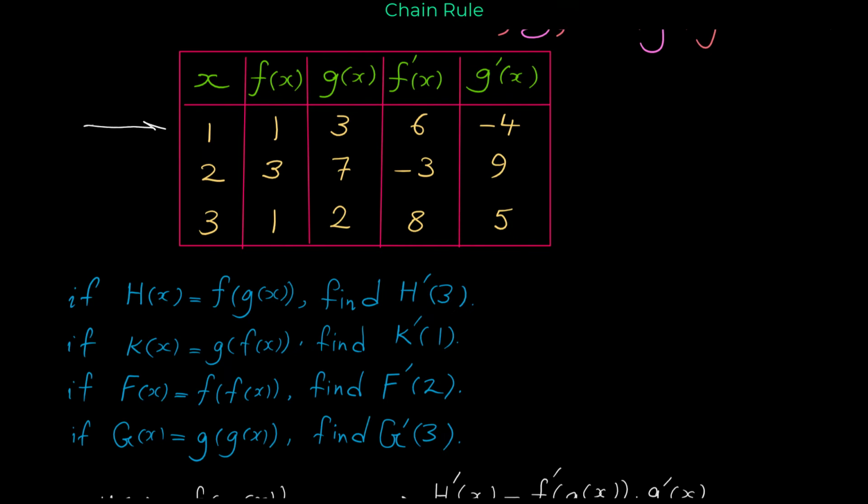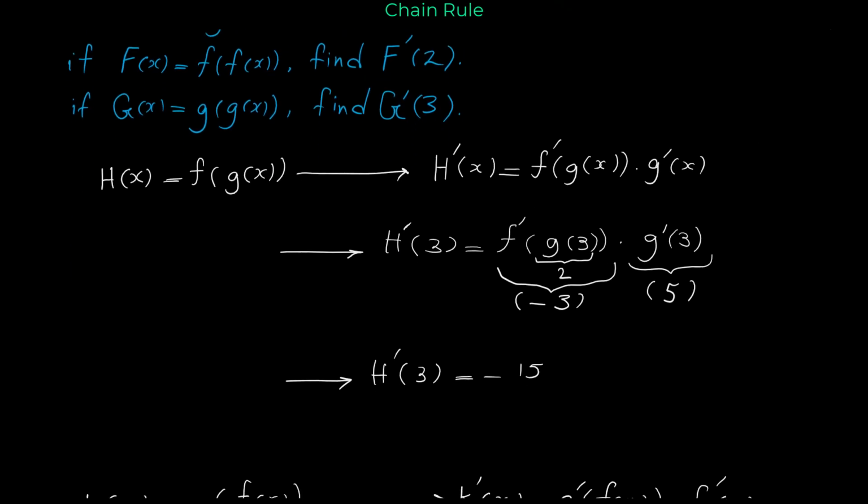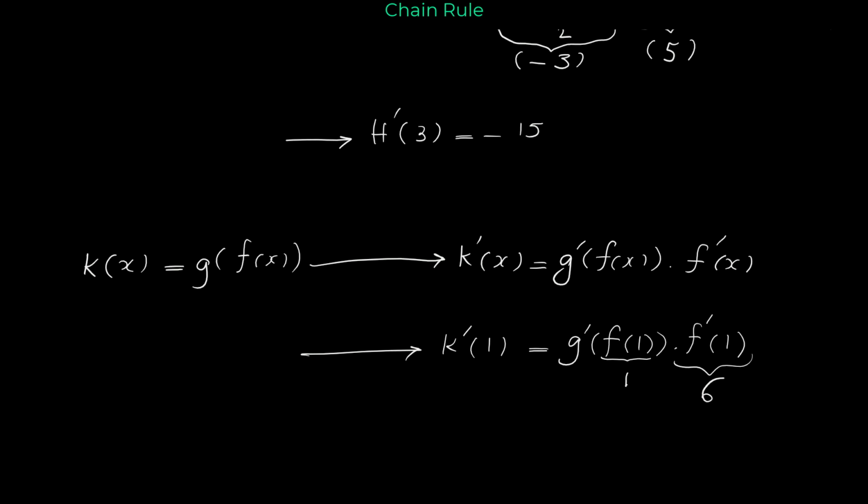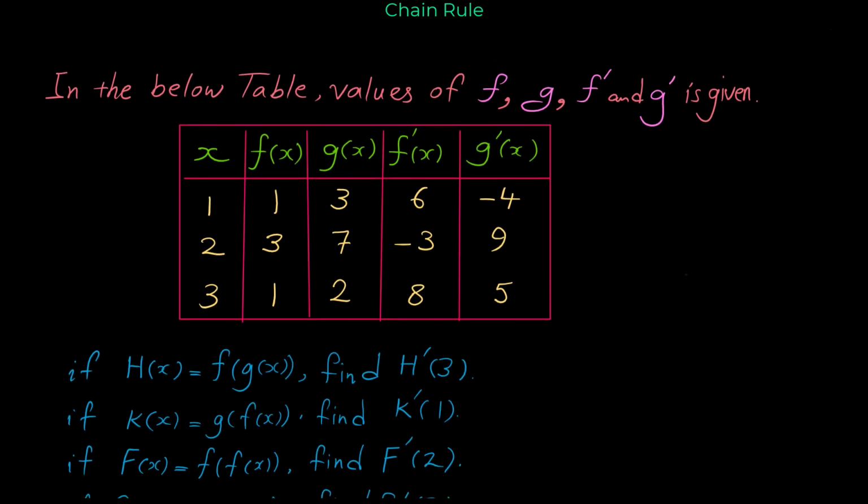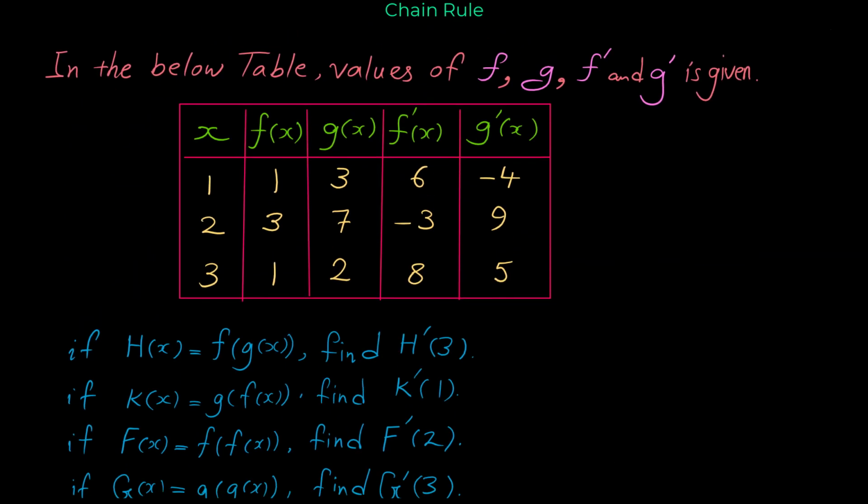When x is 1, the value of the function f is 1. So f of 1 is 1. But we have to find g prime of 1. Again, when x is 1, the g prime value is -4.